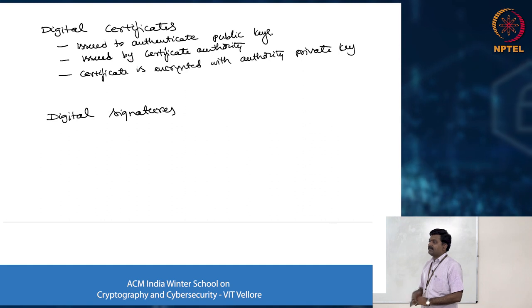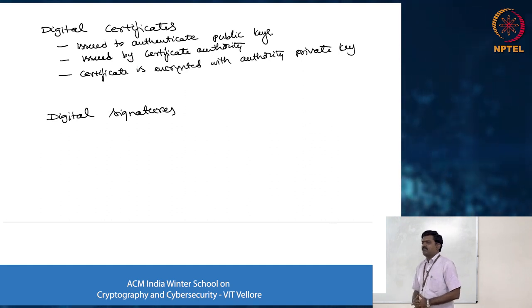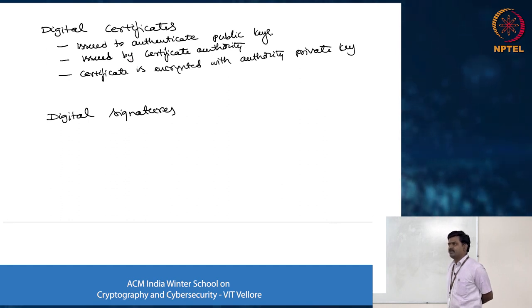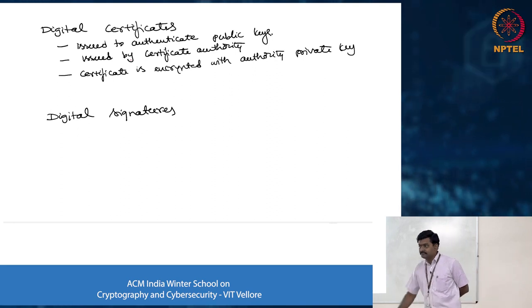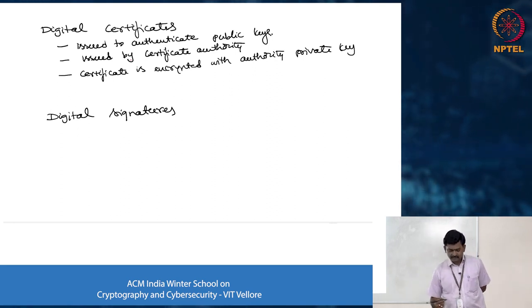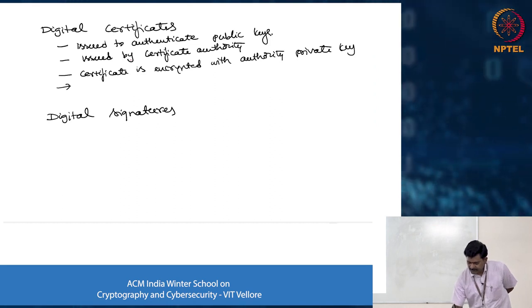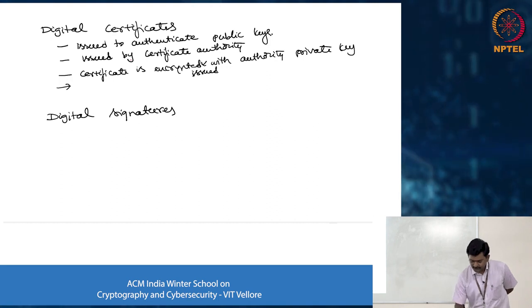the authority's private key. So when something is encrypted with the private key, how could it be verified? It could be verified with the public key of the authority. So the certificate is encrypted and issued by the authority.